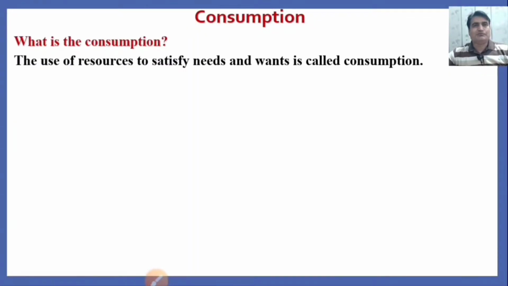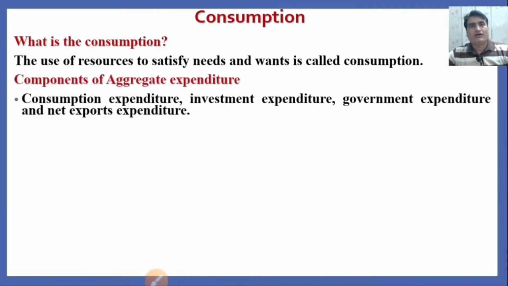What is consumption? The use of resources to satisfy needs and wants is called consumption. What are the components of aggregate expenditure? The components of aggregate expenditure are the consumption expenditure, investment expenditure, government expenditure and net export expenditure, but here we shall discuss only the consumption expenditure, one of the components of the aggregate demand. National income or national output or GDP is equal to C plus G plus I plus NX.